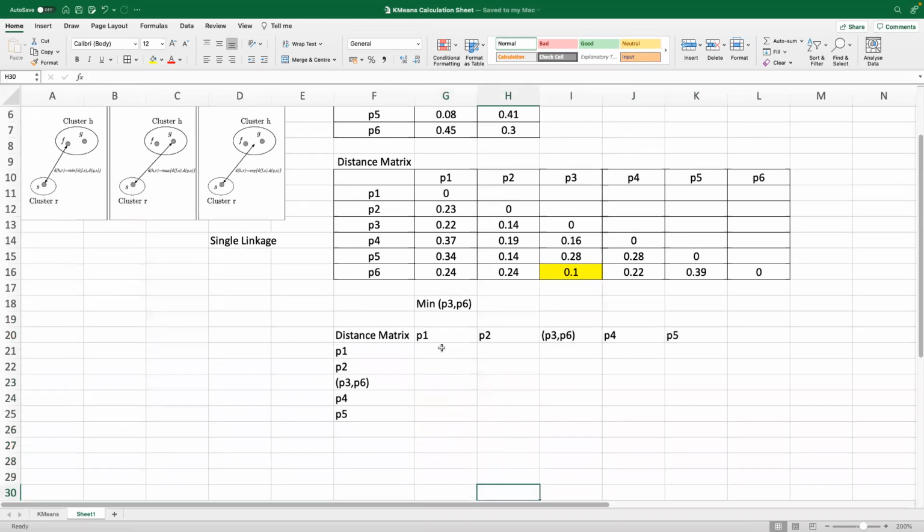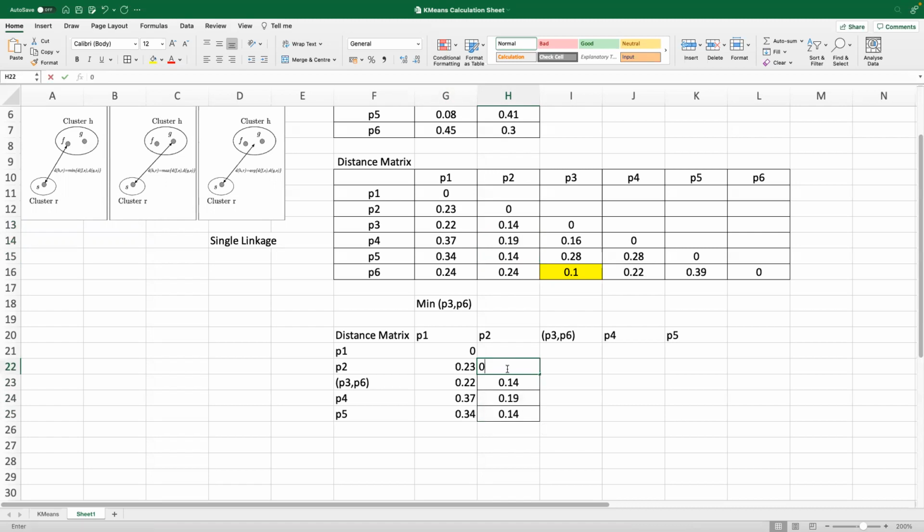Okay. Now we have 0, 0.23. P3, P6 will be 0.22. Then P4 would be 0.37. This would be 0.34, right? And the other values are the same. 0.14, 0.19. Here, we'll paste them.